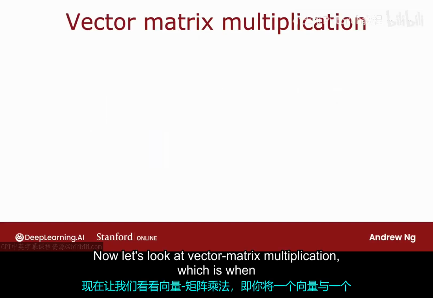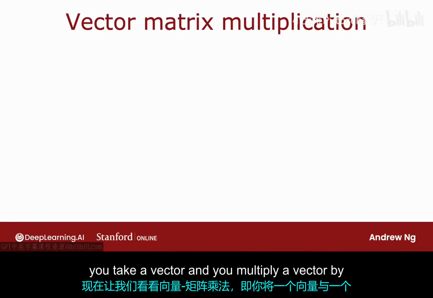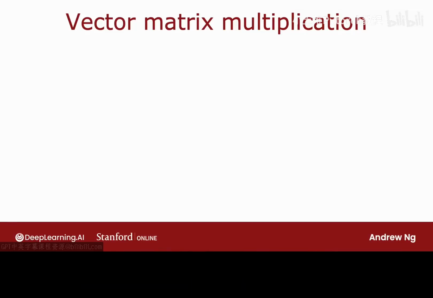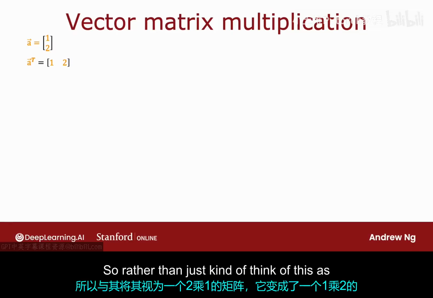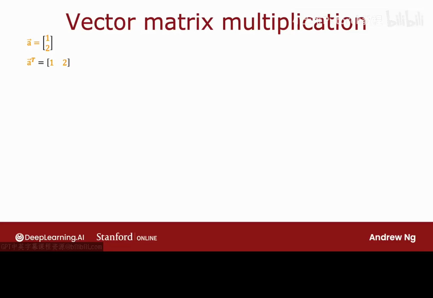Now let's look at vector matrix multiplication, which is when you take a vector and multiply it by a matrix. Here again is the vector a, 1, 2, and a transpose is a laid on the side. So rather than think of this as a 2 by 1 matrix, it becomes a 1 by 2 matrix.